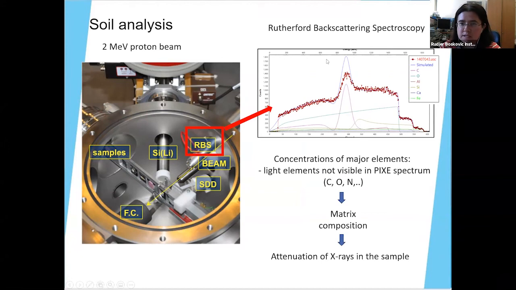Fitting this spectrum gives you the concentration of major and light elements that we don't usually see in a PIXE spectrum, for example elements below sodium, because they are absorbed in the detector window. So RBS gives us information about carbon, oxygen, nitrogen, and some major elements. And we determine the matrix composition, which is crucial for the attenuation of X-rays in the sample, because from that we already know what the major elements in the sample are.